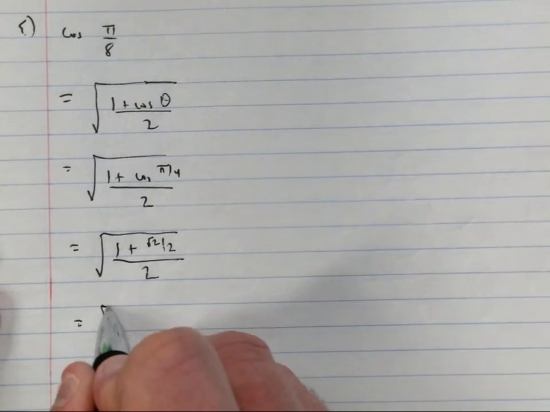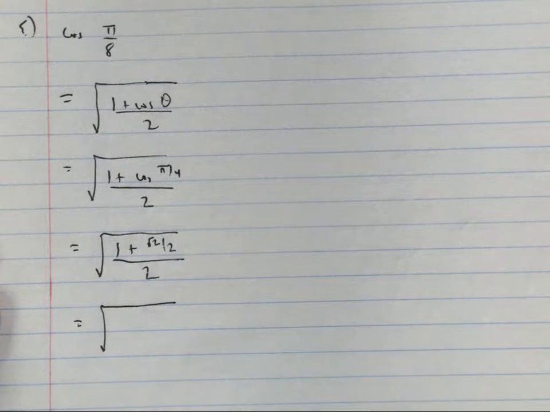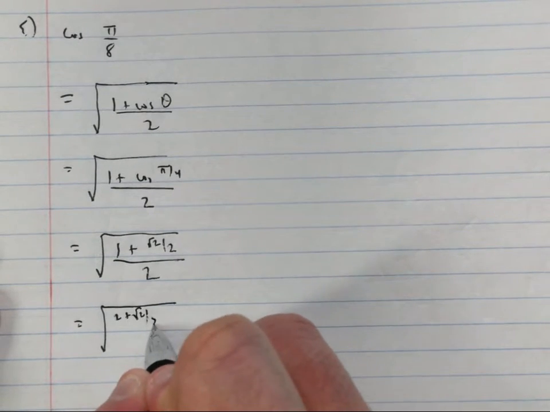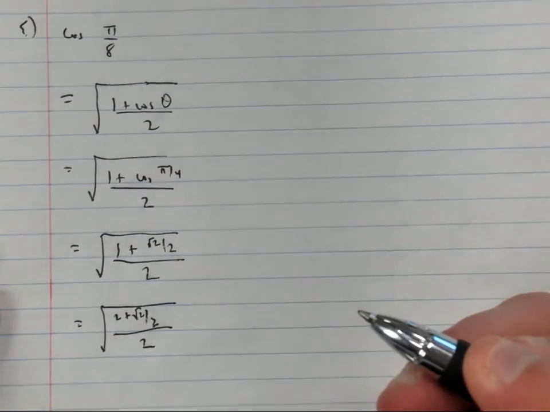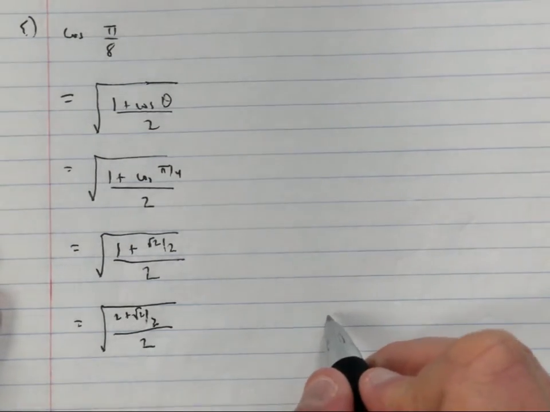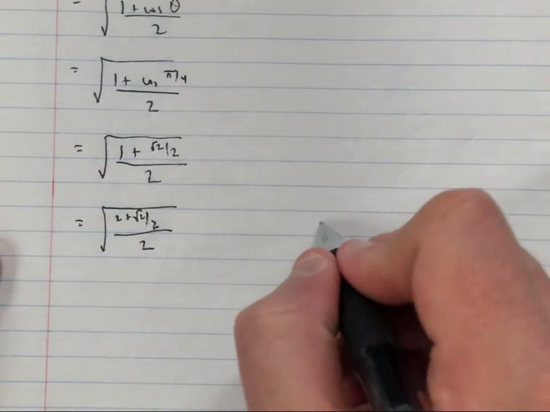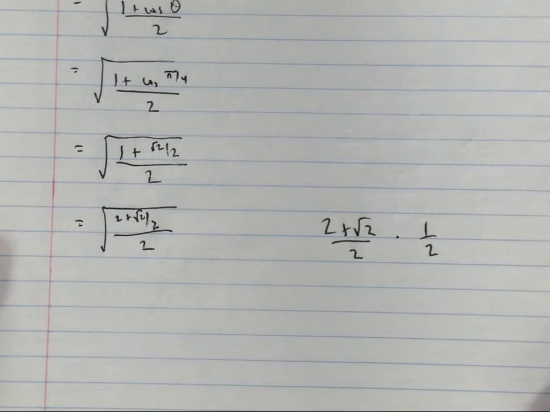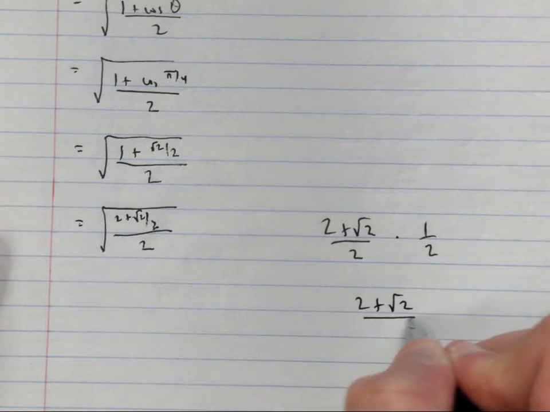I'm going to find the common denominator in the numerator. I've done that many times now. I'm just going to put it here, 2 plus square root of 2 over 2, over 2. I'm going to come to the side, flip it. That gives me 2 plus square root of 2 over 4.